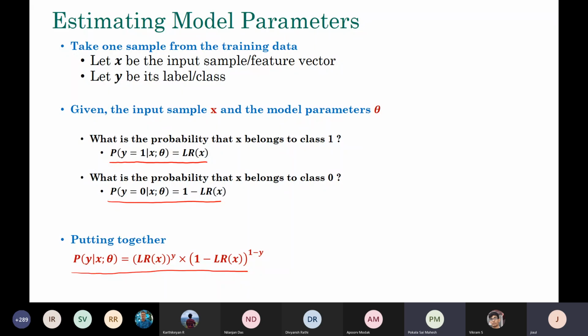But if it belongs to class 0, then of course you don't want that. You want to have it close to 0. So it's conditioned on x, whatever x you have here. You do not know yet what would be the good values of theta. So theta and x combined will determine what would be its best probable class label.